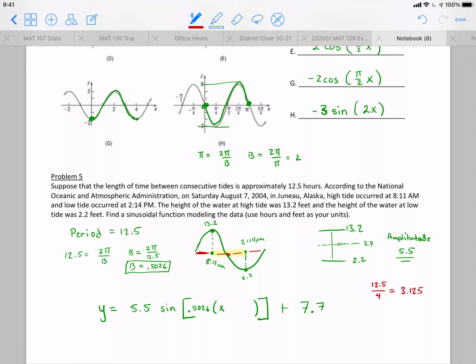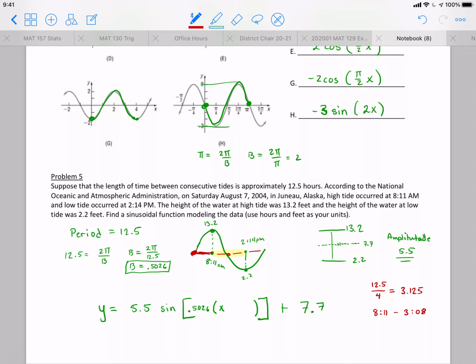So if I was to take 8:11 and subtract backwards a quarter, or in other words 3.125, or 3 hours and then seven and a half minutes, so we'll say 8 minutes, rounding to the nearest minute, that'll put me back to where this sinusoidal function starts.